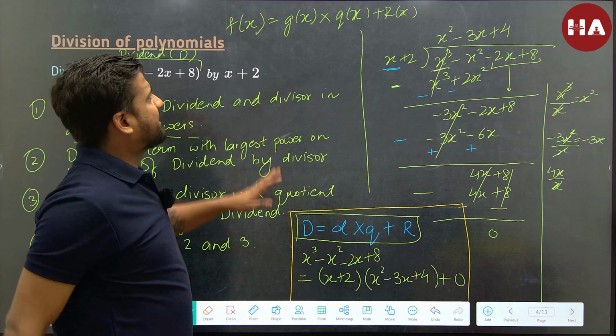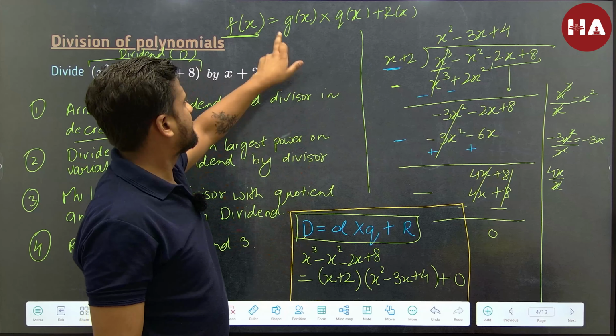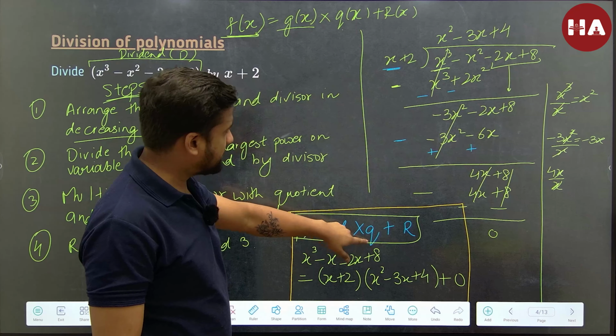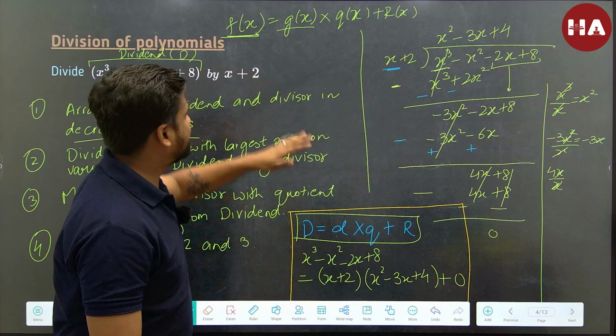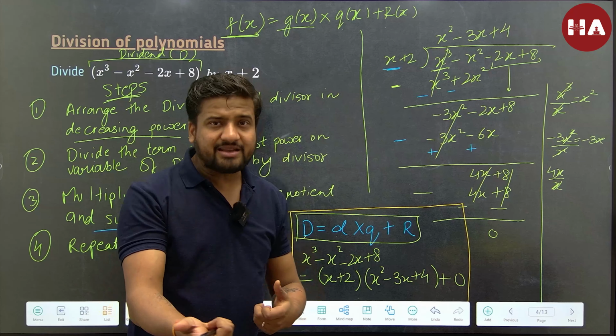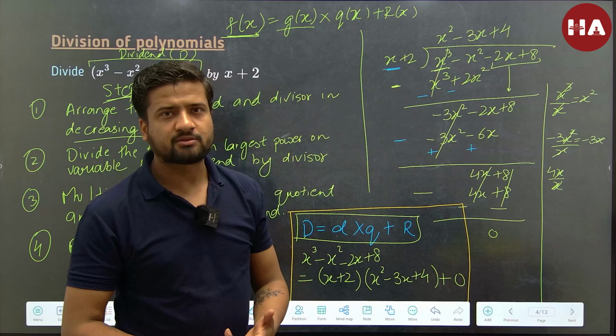Here f(x) is the dividend, d(x) is the divisor, q(x) is the quotient, and r(x) is the remainder. It's exactly the same thing, but rather than as constants, they're writing it in terms of polynomials or expressions, right?